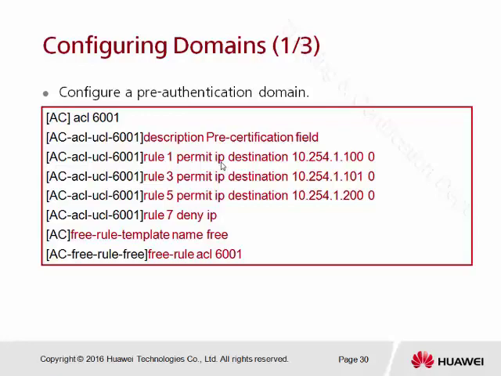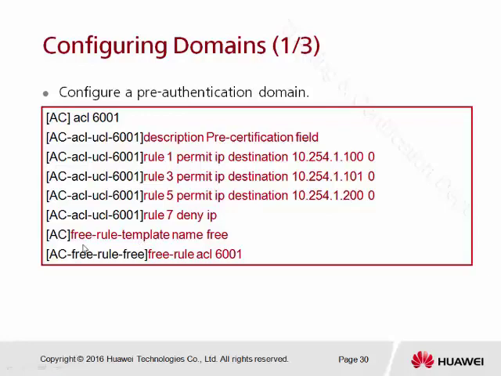Why do we do this? Because this rule will later be bound to the accounting and authentication traffic of the Radius. This kind of Radius packet can only be sent to these destinations. It's not allowed to go anywhere else with control traffic. That's why you can see rule number 7 here denies all the traffic. It can't go anywhere except to the Radius server, the DHCP server, and the DNS server, except for these 3 kinds of traffic for the Radius.